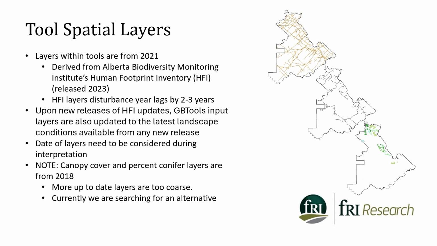Upon new releases of HFI updates, GBTools input layers are also updated to the latest landscape conditions available from any new release. Date of layers needs to be considered during interpretation. It is also important to note that canopy cover and percent conifer layers are from 2018. This is due to more up-to-date layers being too coarse, and currently we are searching for an alternative.